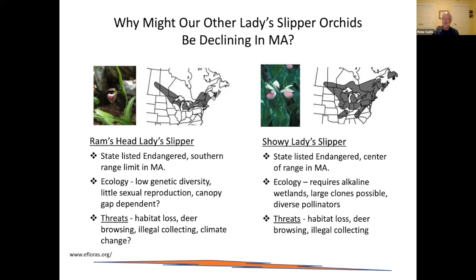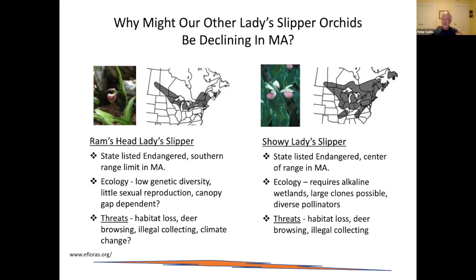It also has a diversity of pollinators. It's not so heavily reliant on bumblebees, for example. So those might be positives. On the other hand, its particular habitat requirements are very much under threat. Deer browsing has also been identified as a threat factor, as well as, with these other orchids, illegal collecting.